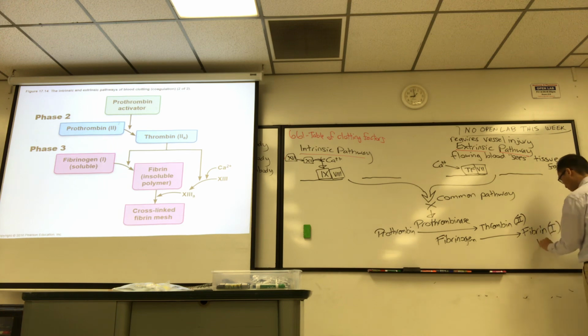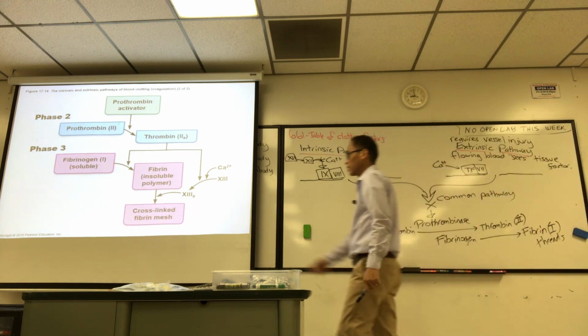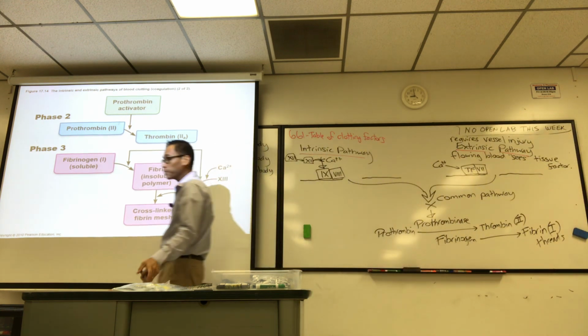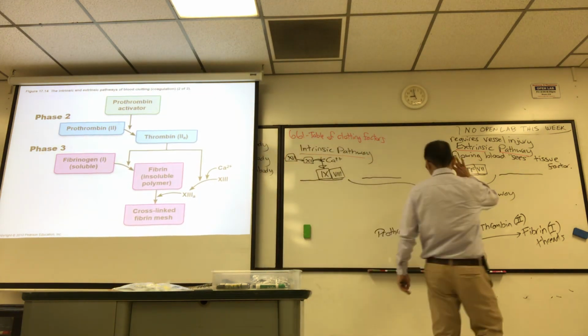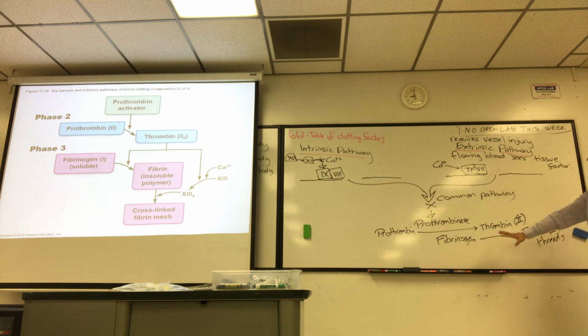That's your fibrin threads right there, your insoluble protein. That's the end, because once you get that, the blood cells get trapped and you get your cross-linked mesh as you see on the slide there. So the common pathway is from here on down. You can see that the two pathways merge into the one pathway.